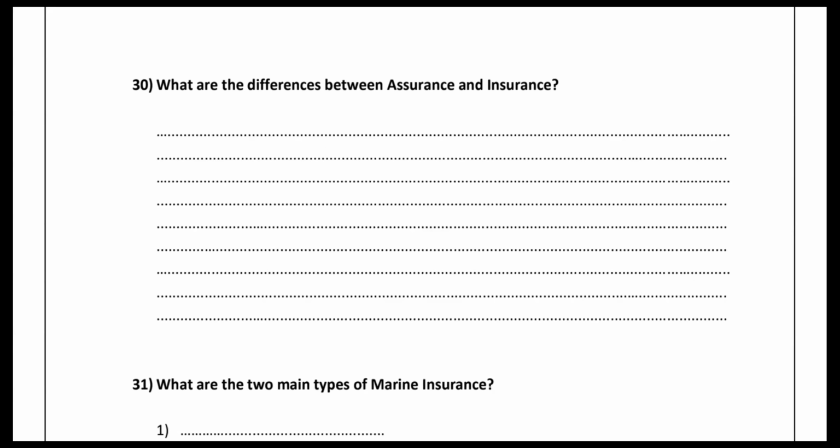The next one: this assurance policy is relatively a long-term policy, usually a long-term policy. But insurance is relatively a short-term policy. Someone has sent that. I will give it.